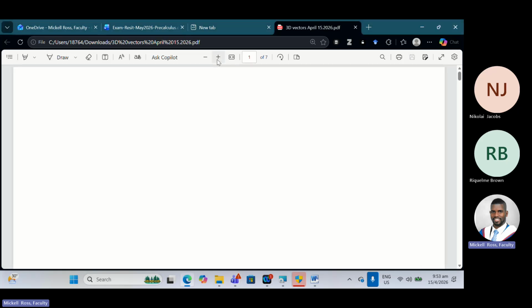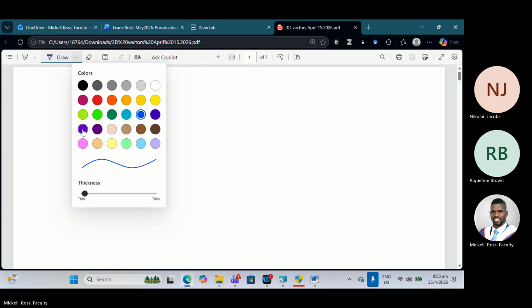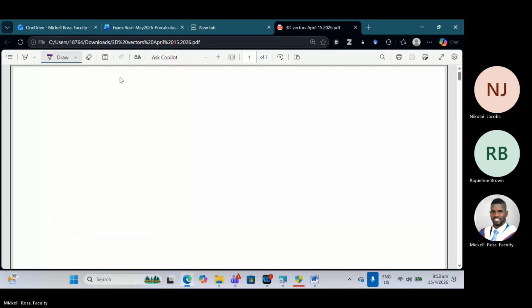Now, you would remember us looking at vectors. And we look at how to identify the magnitude of a vector and those type of things.